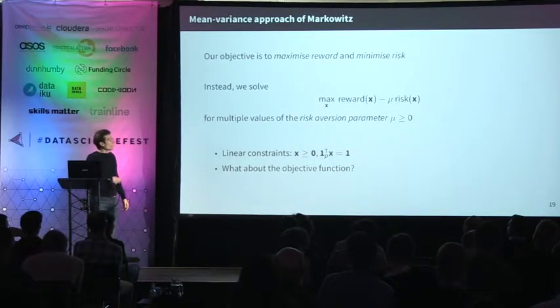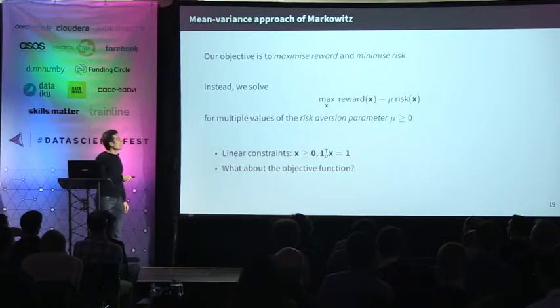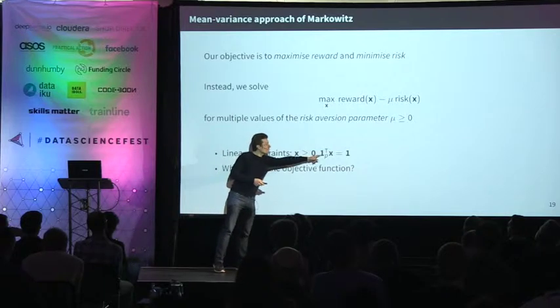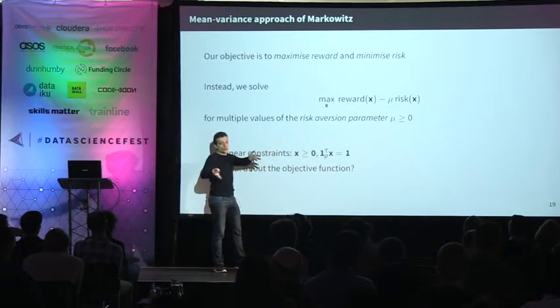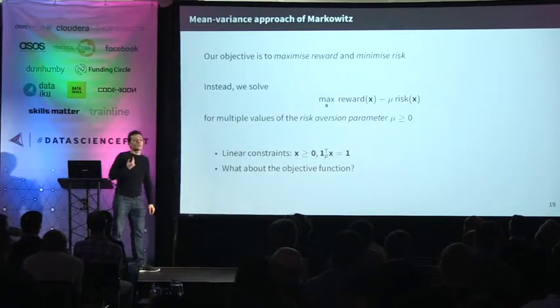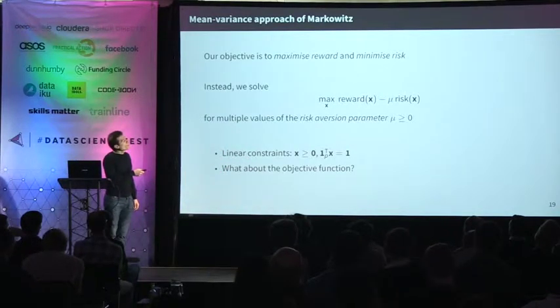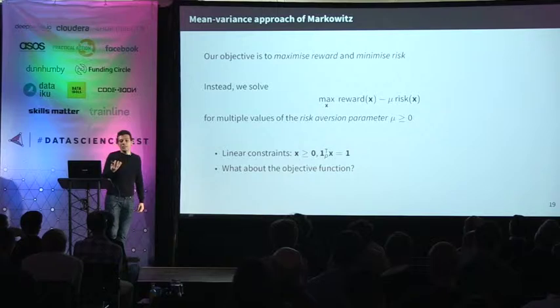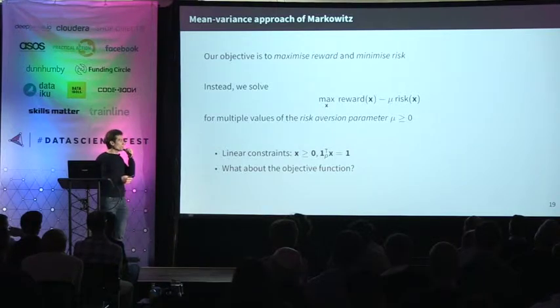So we talked about the constraints, which are linear, and it's just that the portfolio should be a probability distribution, or if you want, a distribution with different fractions summing up to 1. But what about the objective function? The reward is a mean, so it's linear, and the risk is a variance, or a variance-covariance function. So it's quadratic. It turns out that it's not only quadratic, but it's convex as well.